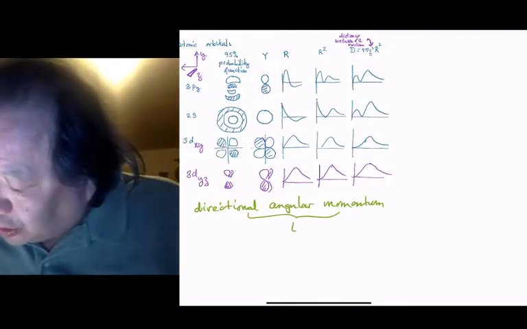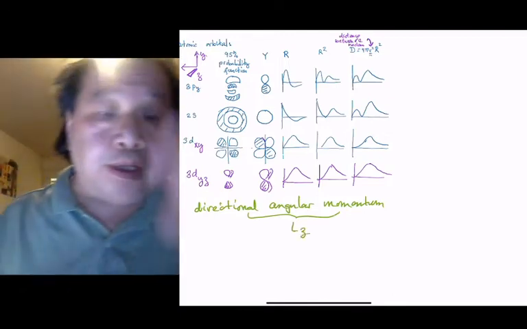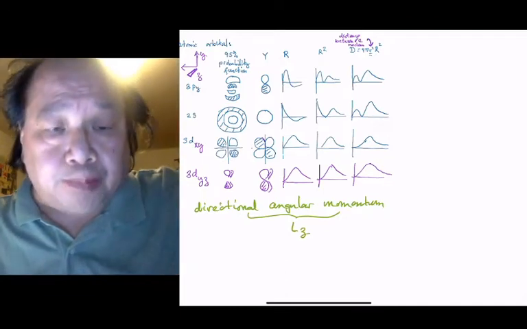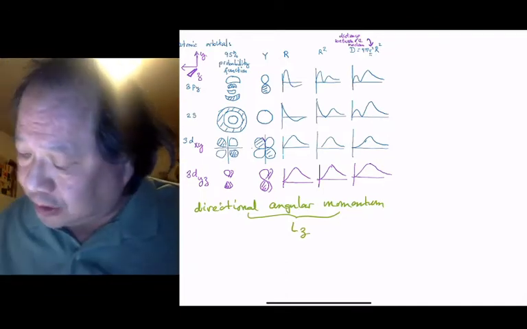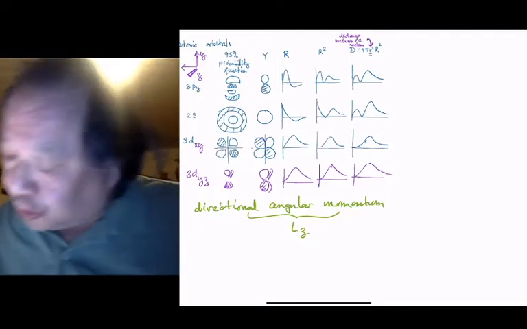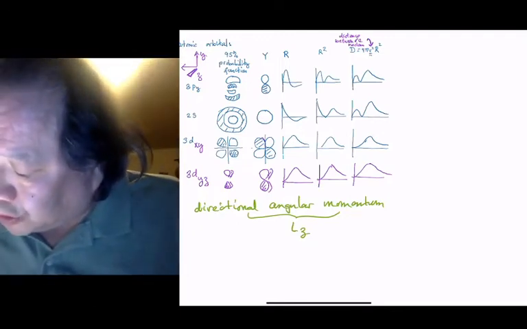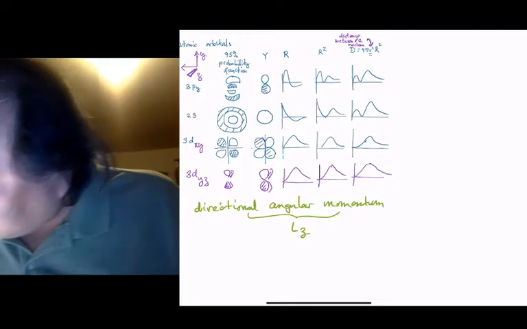And usually we consider spinning where the direction is spinning around the z-axis. How much is spinning around the z-axis? And the third quantum number is the directional angular momentum quantum number.